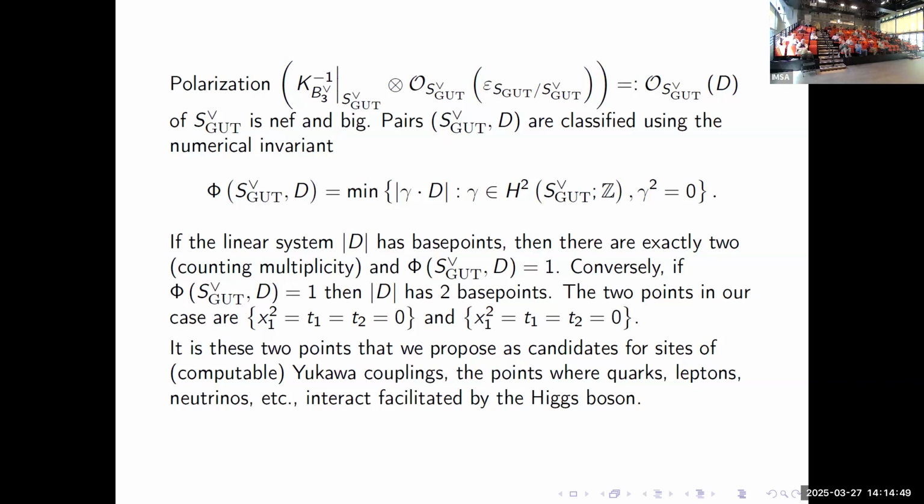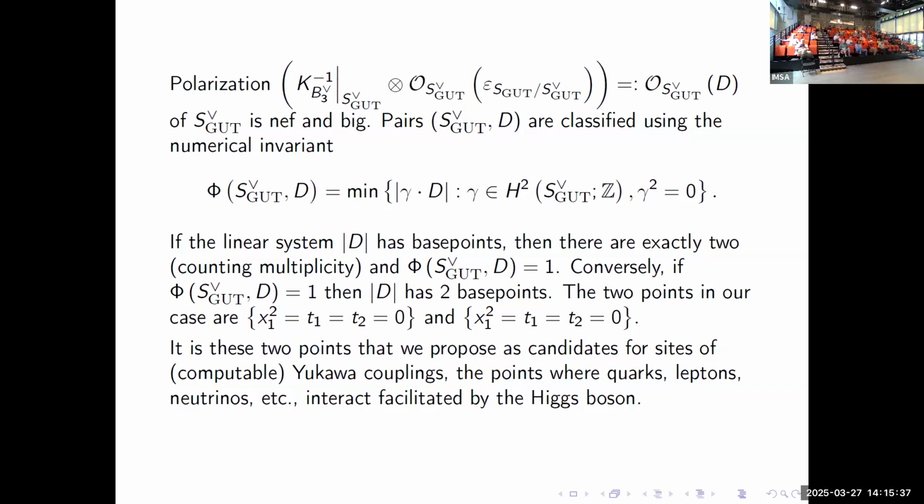And that invariant is, you look at all of the H2 classes that are square trivial, so isotropic, and you take the minimum of the intersection number of those cycles with the polarization, absolute value, that's an integer, the minimum of that over all the isotropic gamma.